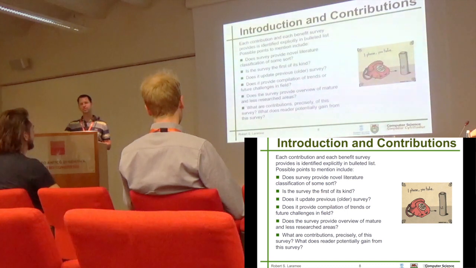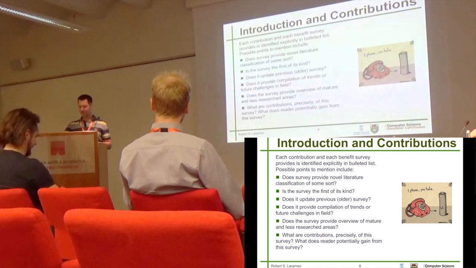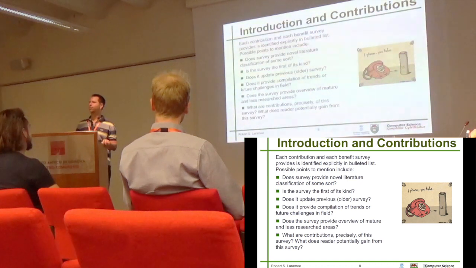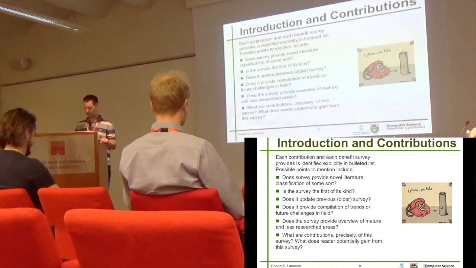So some typical contributions of a literature survey are: does your literature survey provide some sort of new classification? That's a very typical contribution. Is it the first survey of its kind? That's a nice contribution, if you could produce something like that.